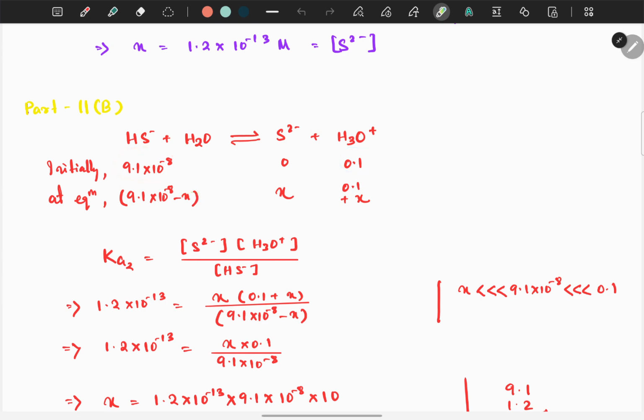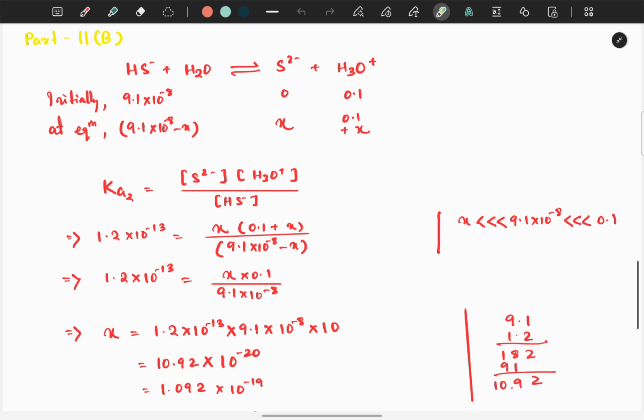If X amount of HS minus is dissociated, this is the concentration of HS minus, and the concentration of H plus ion will be 0.1 plus X. Again, the value of X is very small compared to 9.1 into 10 to the minus 8, which is again very small compared to 0.1, because the dissociation constant is in the order of 10 to the minus 13. So the dissociation will be very less. Again, by substituting the values, this will be equal to 0.1 and this will be equal to 9.1 into 10 to the power minus 8.